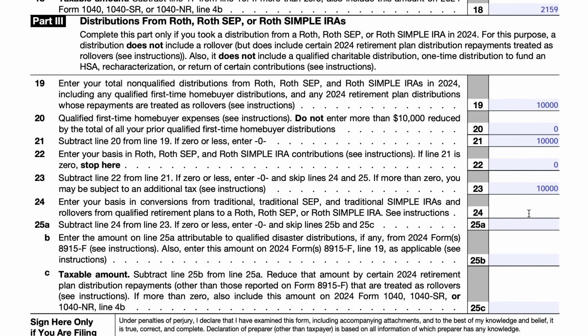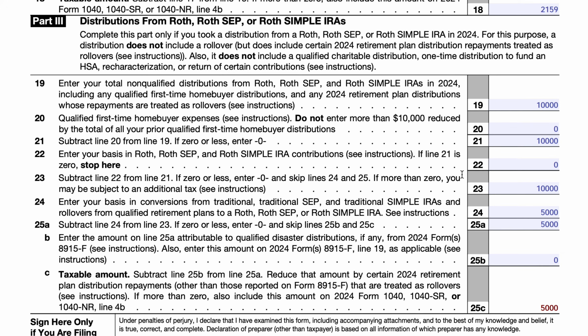But if we had, say, $5,000 of basis from prior Roth conversions, then we're going to do kind of a similar calculation. Basically, the $5,000 of basis, we're going to first subtract any qualified disaster distributions from that amount. So since we don't have that, this entire $5,000 is a taxable amount.